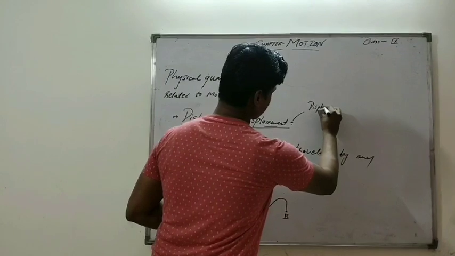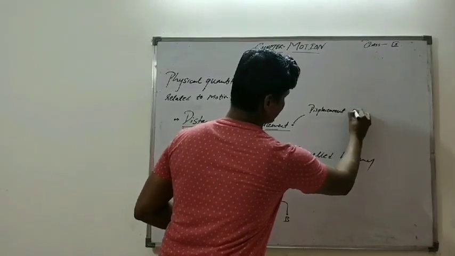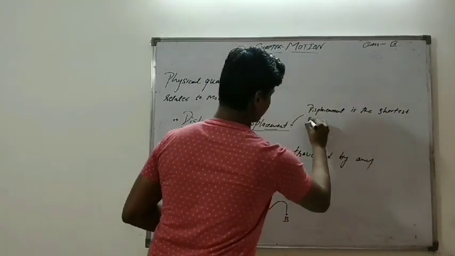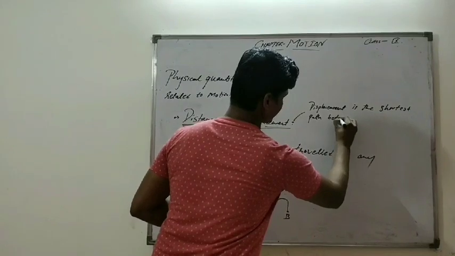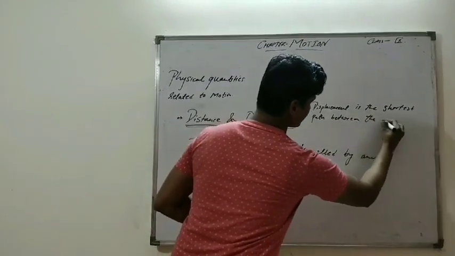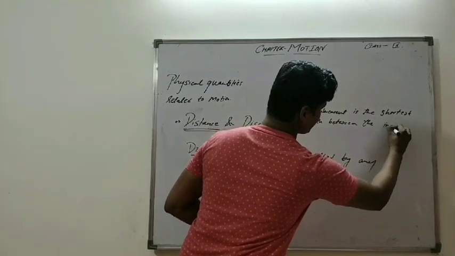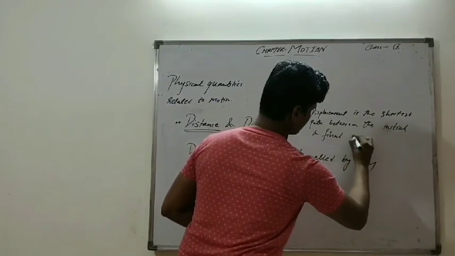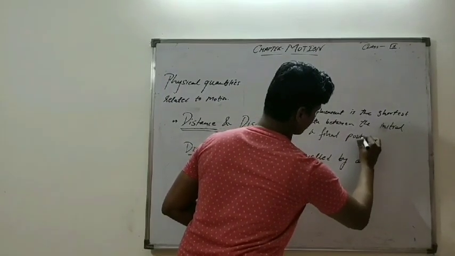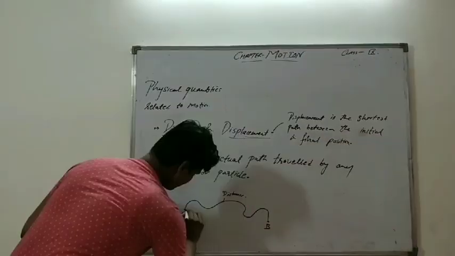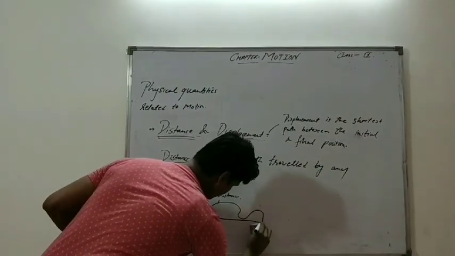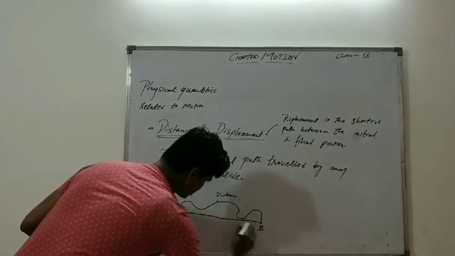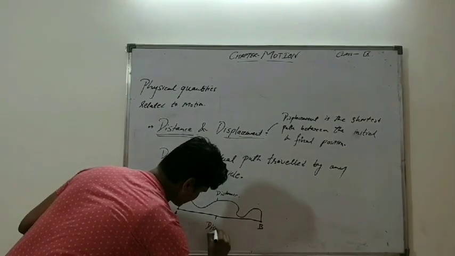Now, displacement. Displacement is the shortest path between the initial and final position. In the diagram, if we draw the shortest path between the final and initial position, this shortest route or shortest path is called displacement.